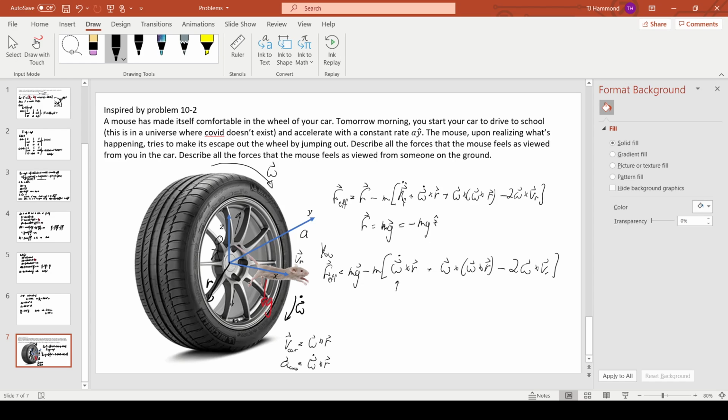Now for me, who's standing on the ground, it's a very large wheel apparently, I'm standing on the ground. Compared to me, the fictitious forces are going to include the fact that this thing is accelerating.